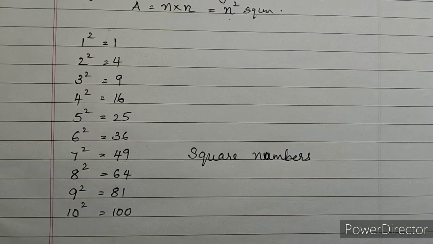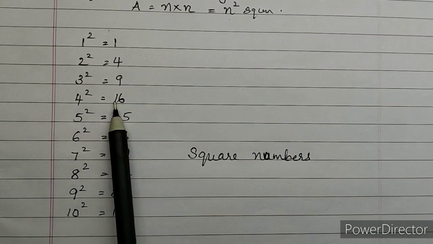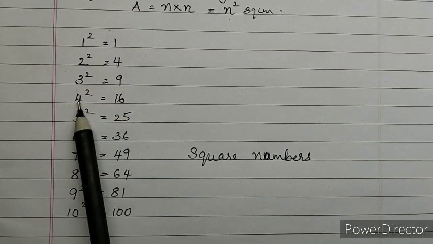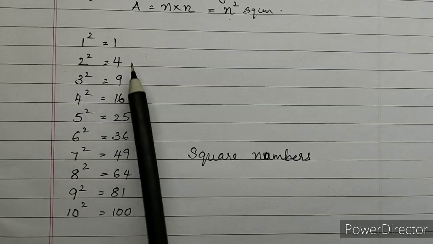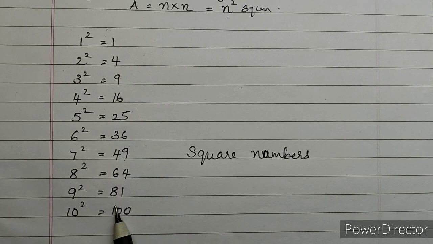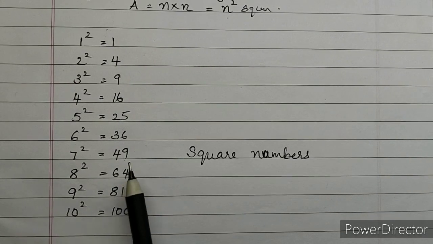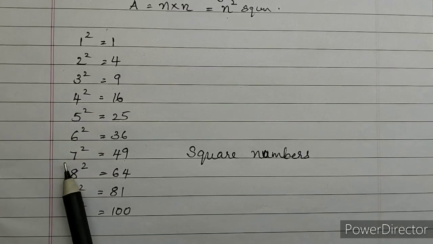For example, if we want to get 16, how many times do we have to multiply 4? We have to multiply 4 2 times. Similarly, for any number you take, to get that number, you have to multiply a number 2 times. So they are called square numbers.